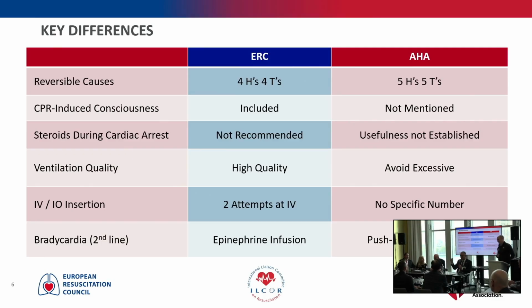So we've specifically said don't give sodium bicarb, but we've always had 4Hs and 4Ts, so why change now? I think for the AHA the gist and the meaning of what we've done is very much in line, and we've just parsed it a little bit differently, but the meaning is the same. Okay, so the reversible causes are sort of the same then.